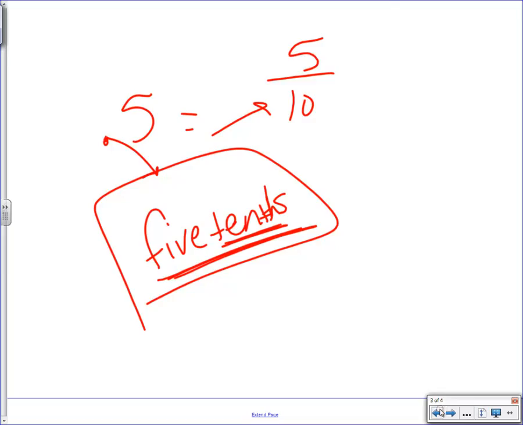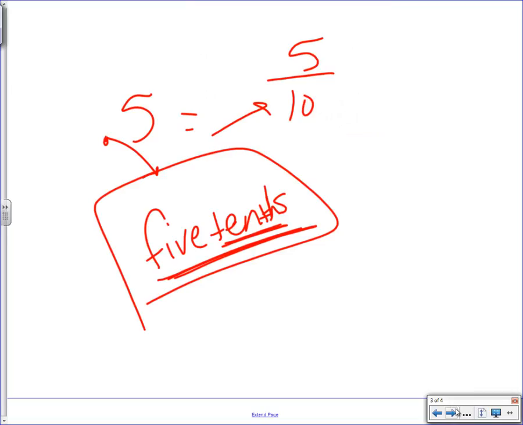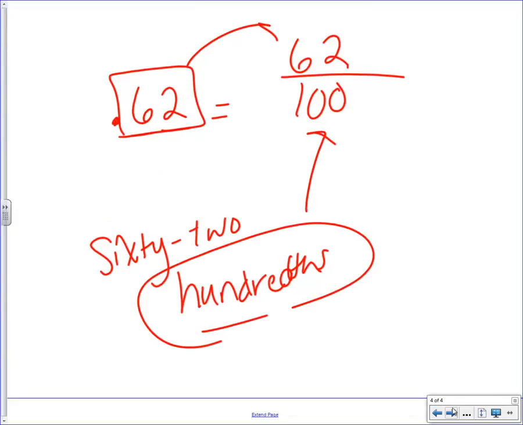How do I know that? Because I go back to this chart, I fill it in with 0.62. I read what I see, 62, and it's in the hundredths column, 62 hundredths. How do I know what my fraction was? I put what I see as my numerator and what I say as a place value as my denominator.